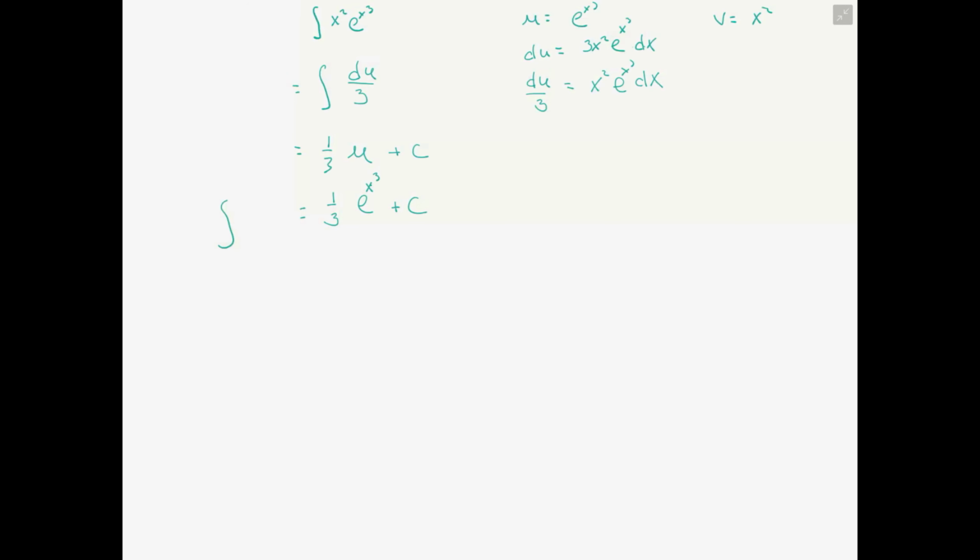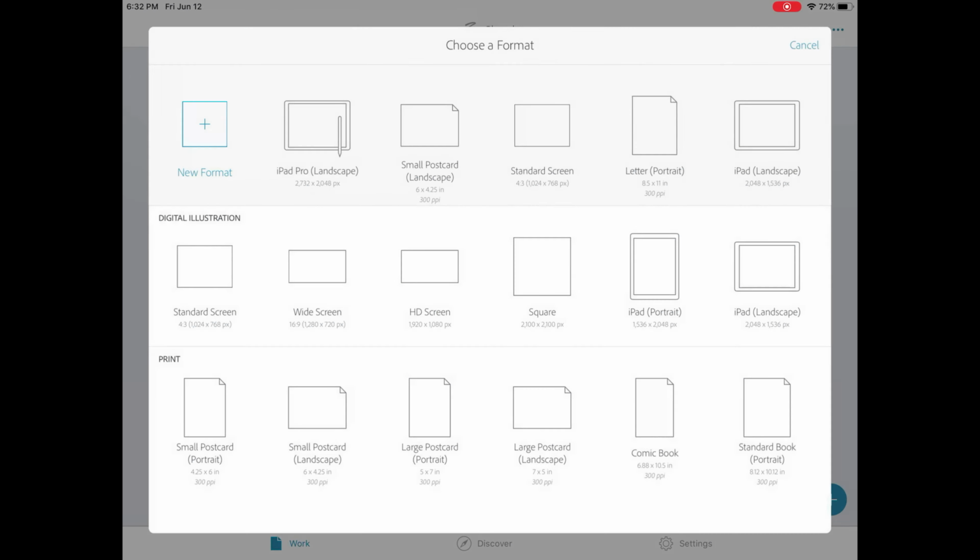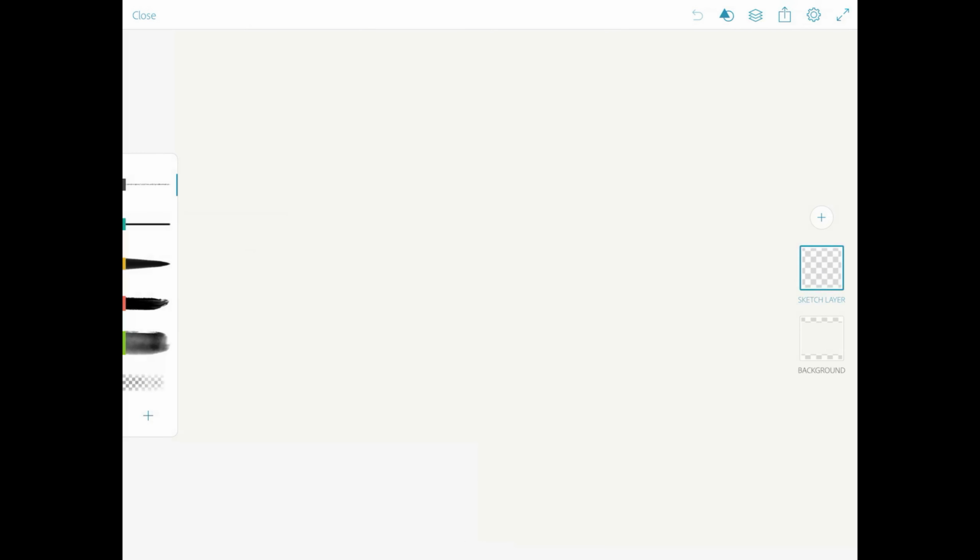So this complicated looking integrand really turned out to be quite simple. And that is our result. Sometimes these things can really fool you. They're not as bad as you think they are.